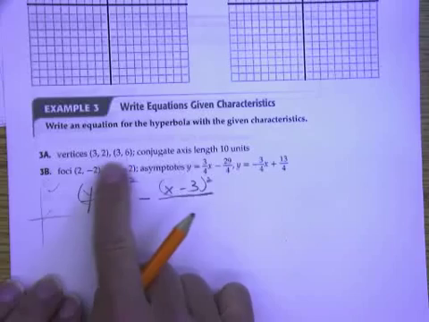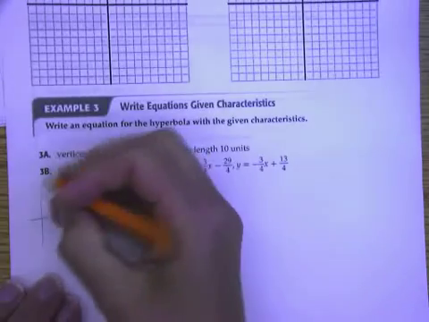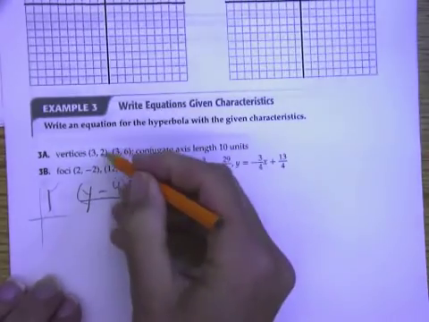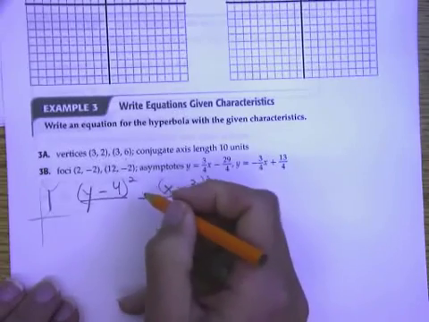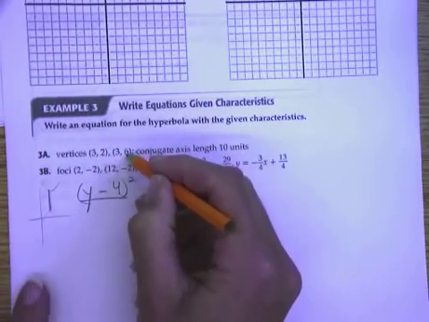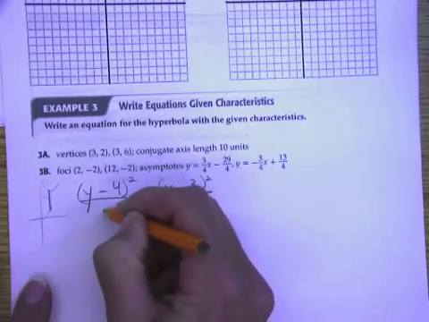The transverse axis, notice, is 4 units long. Remember that that transverse axis, this segment here, is twice the value of A. So this distance between the vertices is 4. 4 divided by 2 is 2.